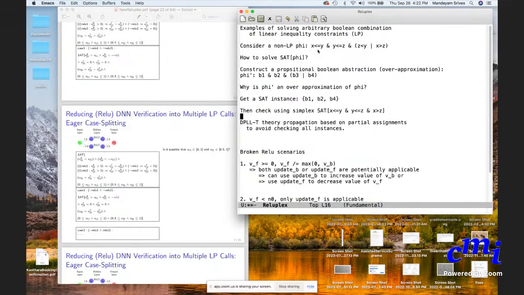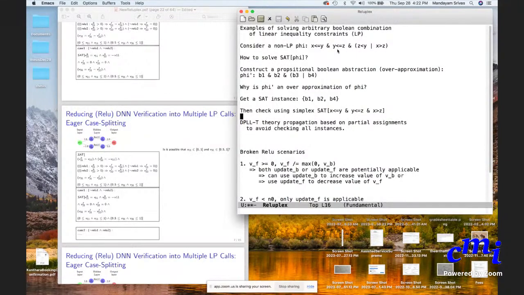If you know that B1 is true, that is x less than or equal to y, and y is less than or equal to z, then there's a technique called theory propagation. Since less than or equal to is transitive, I can derive x less than or equal to z, and add it, just like you added learned clauses.